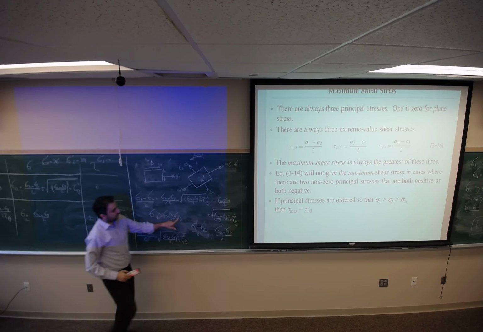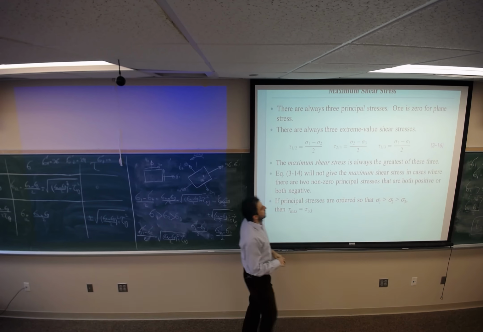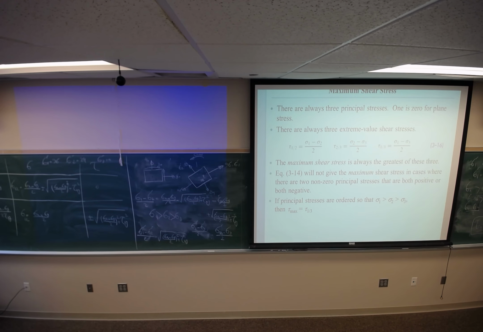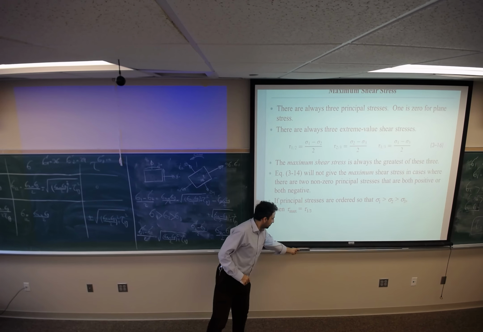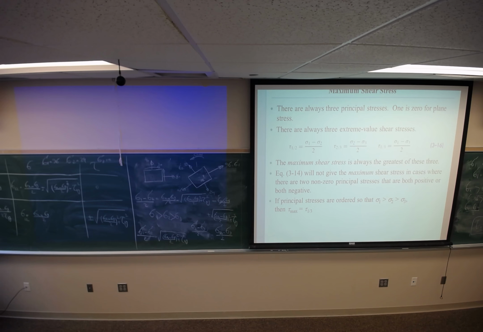Then find sigma 1 minus sigma 3 divided by 2 and introduce it as the maximum shear stress. And I think that's all for stress transformation equations. Now we can move to the Mohr circle. Any questions before we move on?